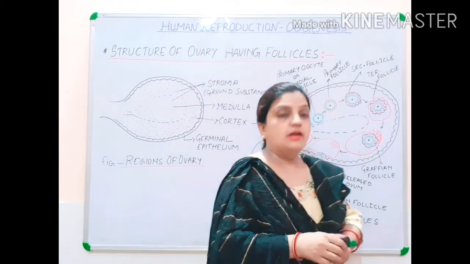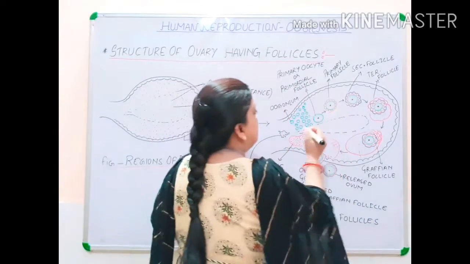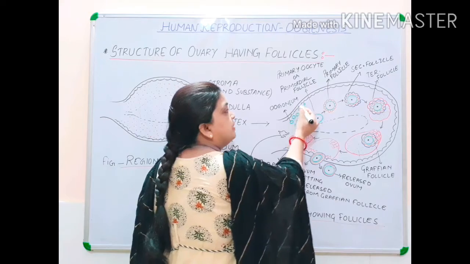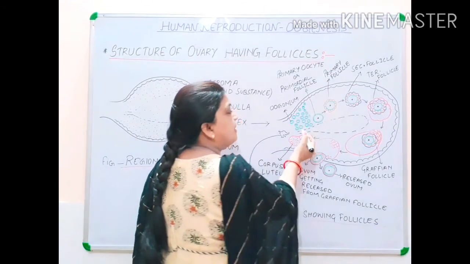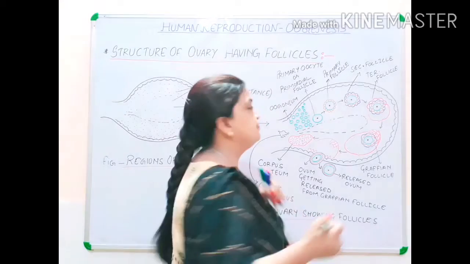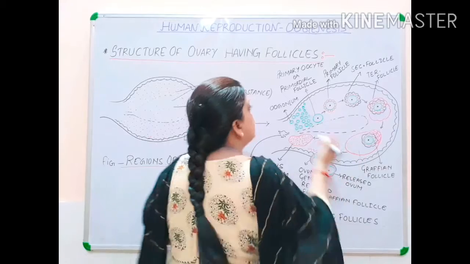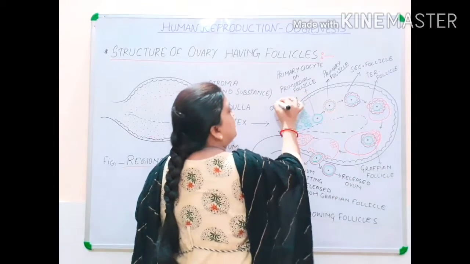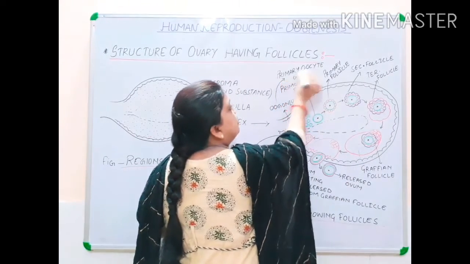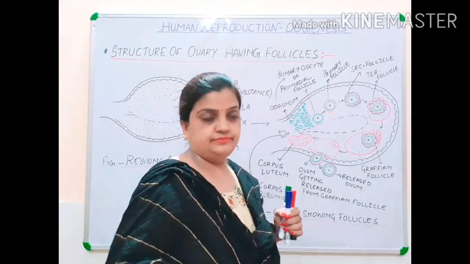So children, your follicular stage is developing in a sense that at first the germinal epithelium cells will be producing the mother egg cell or oogonium cell. Now this mother egg cell will grow in size and develop into the primary oocyte or primordial follicle.